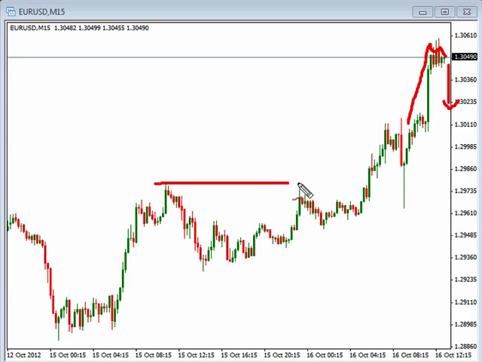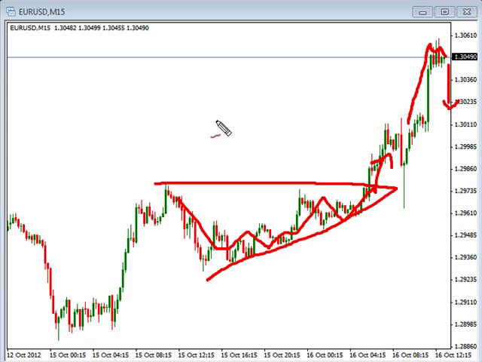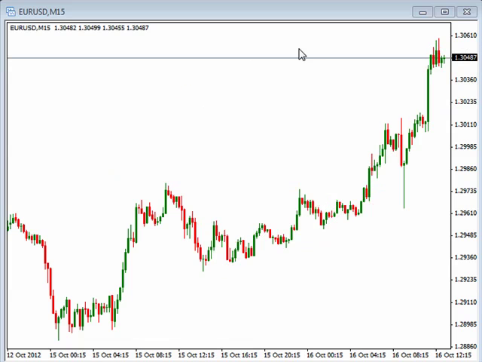In fact, there's a nice triangle type of pattern here that finally broke out to the upside. But right now, we're in this up phase, not knowing if we're going to move down sharply or if we're just going to move sideways. So we don't know that at this point. But we need to be aware of the fact that it has moved up.